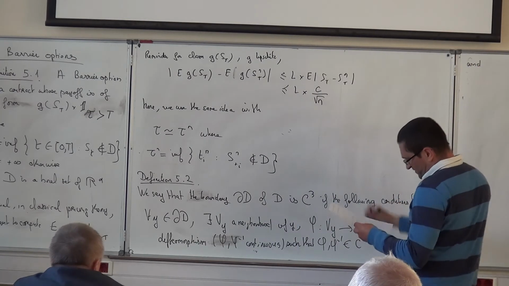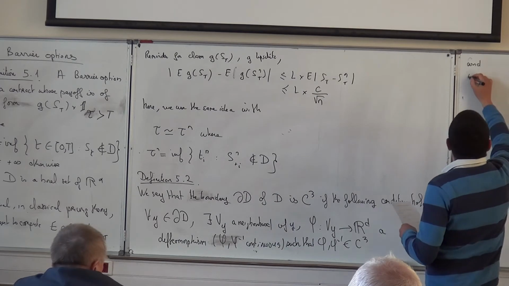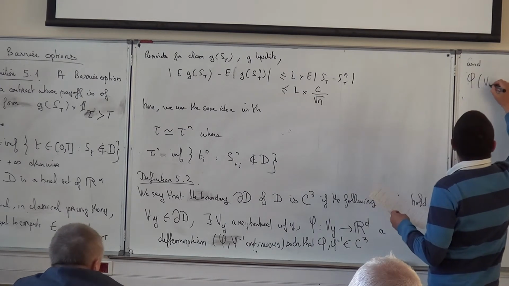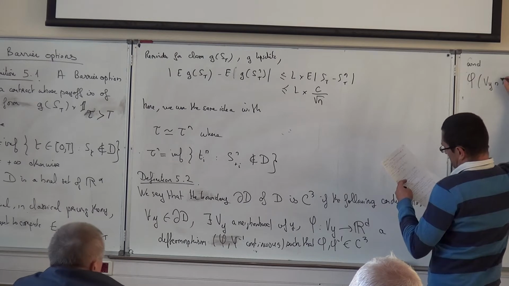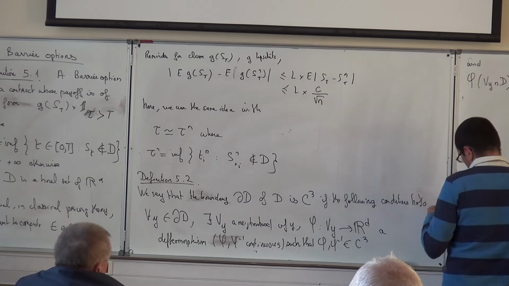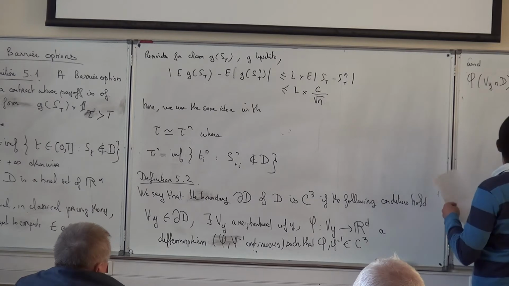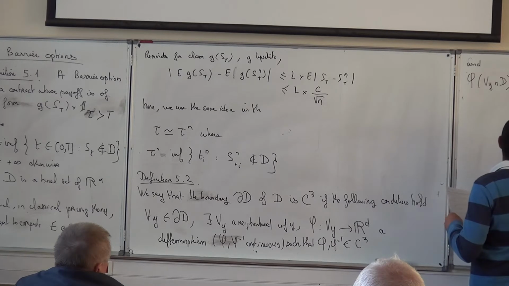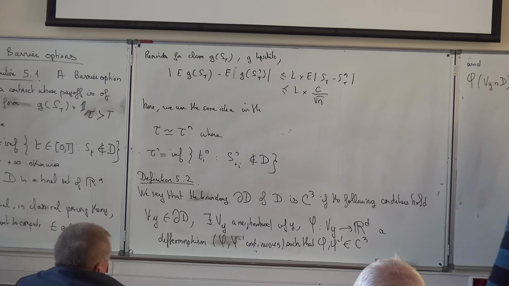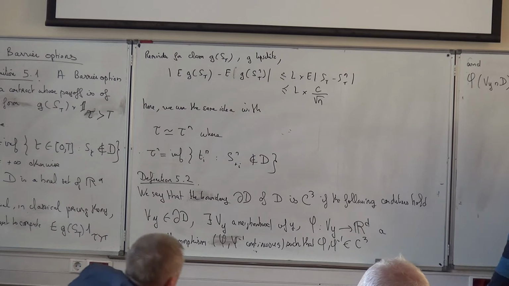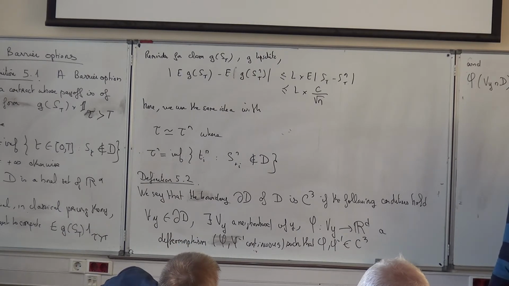And at last, this is very technical actually: phi of Vy intersected with D is included in a half space. It is a set of x such that, without loss of generality, we can suppose this half space is of this form, because we can change phi if necessary. So this is a half space.